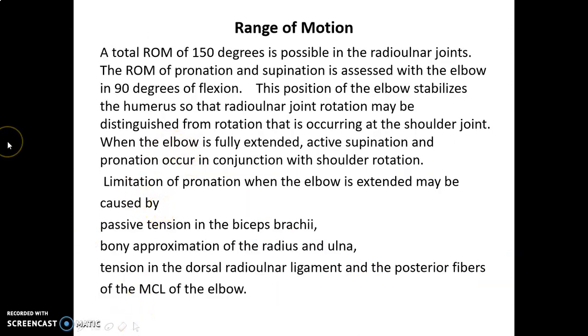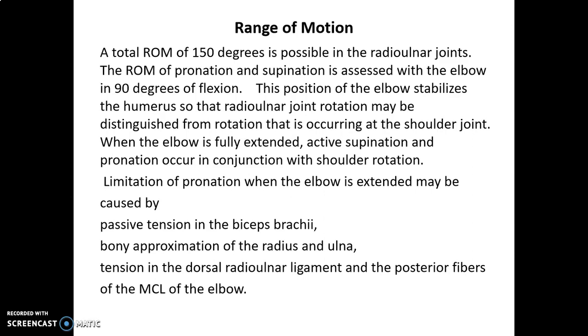What we understood is that the axis is a longitudinal axis through the head of the radius as well as the head of the ulna. The normal anatomical position is what we call full supination.